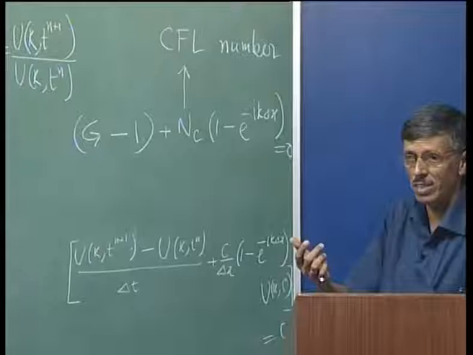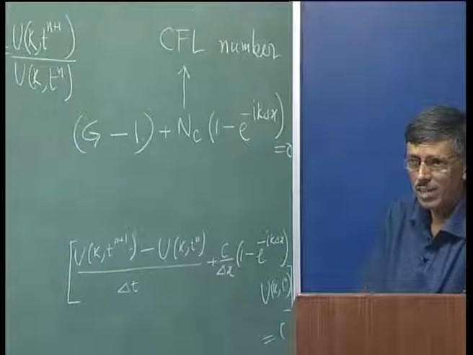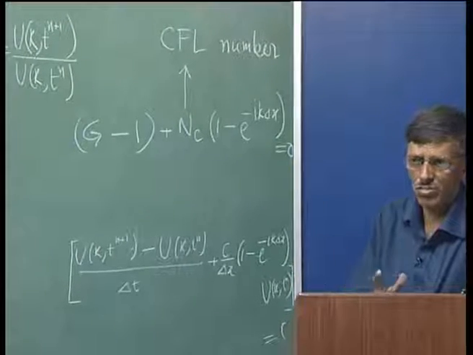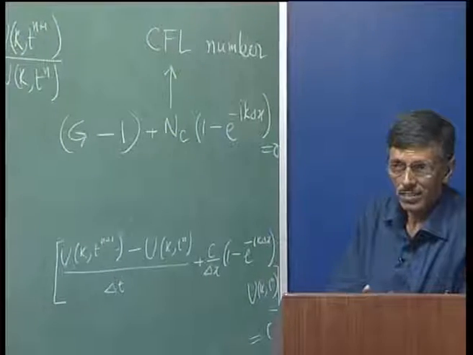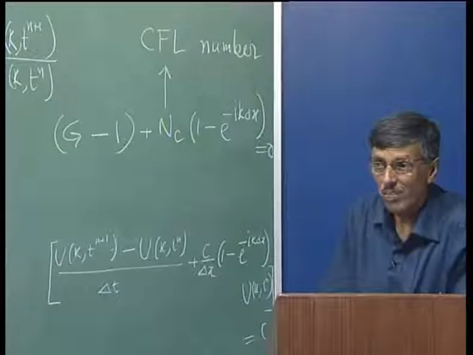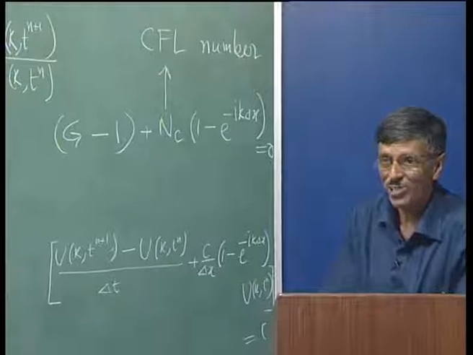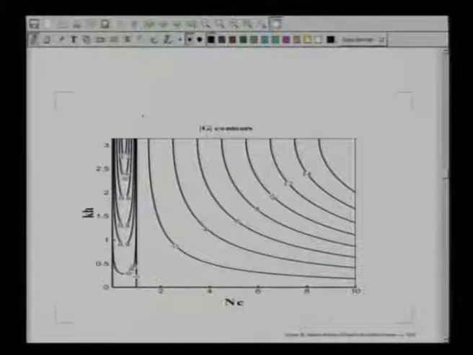It is a measure of c times delta t. So delta t basically tells you the time step that you are taking. If you take a time step which is too small, then you do not generally get more accuracy. Here it shows very clearly that to get the maximum accuracy, you will have to take delta t equal to delta x by c.